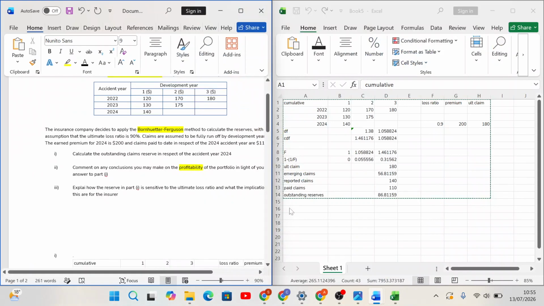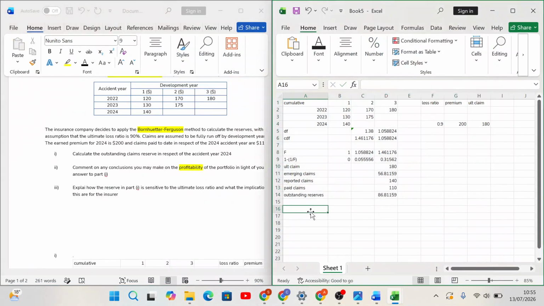So the first thing we'll have to do is to calculate the ultimate liability. In this case, our ultimate liability is the summation of the reported claims and the emerging claims. So we can see that ultimate liability is 196, and since we are looking at profitability, we are only comparing these two numbers, 200 and 196, and you can see that the ultimate liability is really close to the premium.